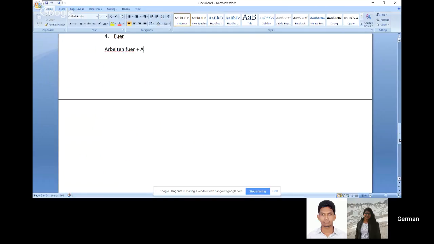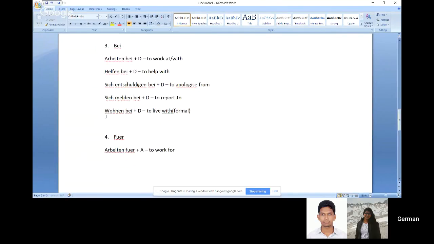plus accusative is to work for. Okay, that's the difference between arbeiten bei and arbeiten für. Now, arbeiten bei takes dative and it has a different meaning from arbeiten für.